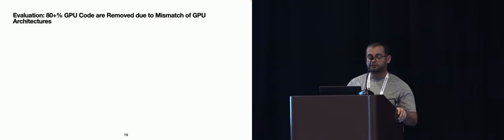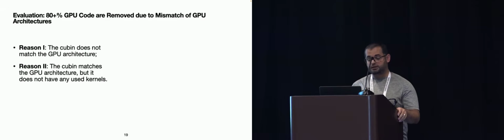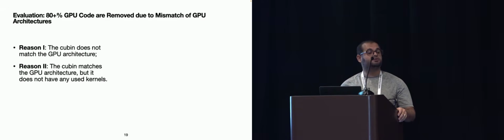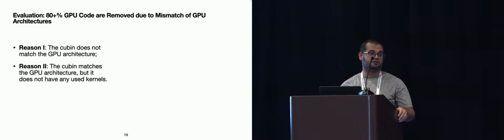So 80% of the GPU code is removed due to mismatch of GPU architectures, according to the observations made by the authors. And they identified 2 reasons behind this observation. The first one, the cubin does not match the GPU architecture. And probably this is relevant to the previous talk, where when you have a different architecture, you will have lots of code that is not relevant to that architecture, so you need to customize it.